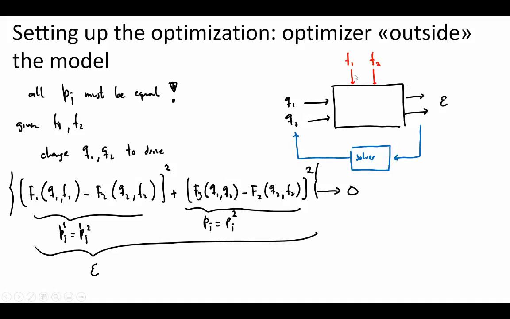These two are fixed, they are not changing, but I read the value of the epsilon, this error, and then I try to change Q1 and Q2 using any method, Newton, Nelder-Mead, to be able to drive that E to zero. Here we can set the E set, which is simply equal to zero. So the solver is simply trying to drive the error to the set value.